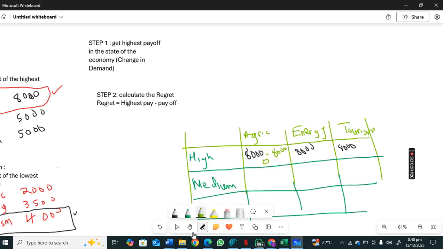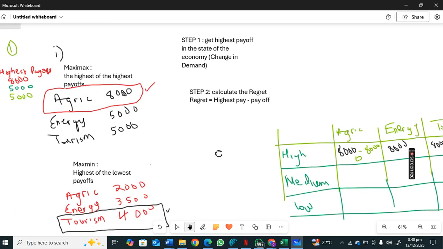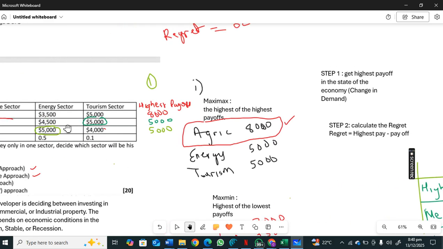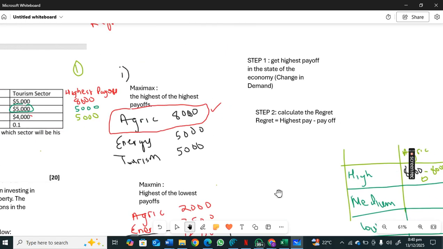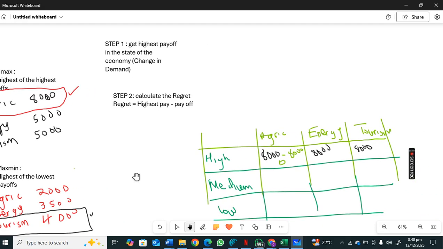We go to energy. The payoff in energy was 3,500. So the regret is the highest payoff. When demand is high, the highest payoff is 8,000 minus the individual payoff. So for energy, it was 3,500.